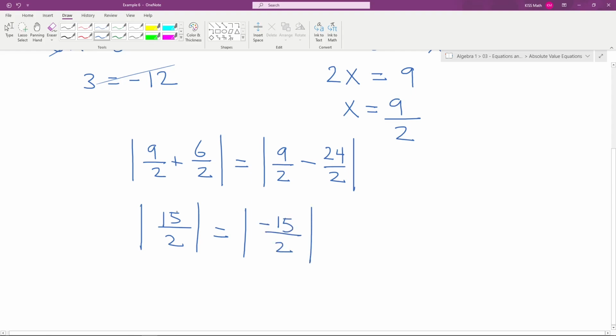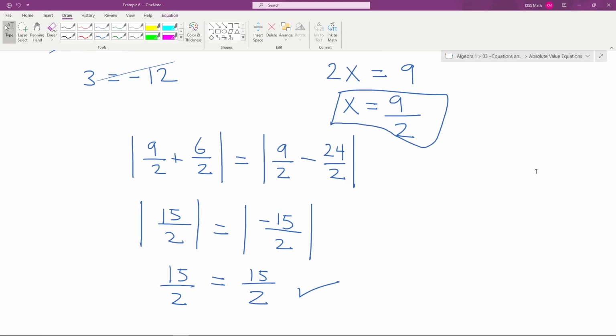The absolute value of 15 halves is just 15 over 2, and the absolute value of negative 15 over 2 is just positive 15 over 2. So that answer makes sense, and this is a solution.